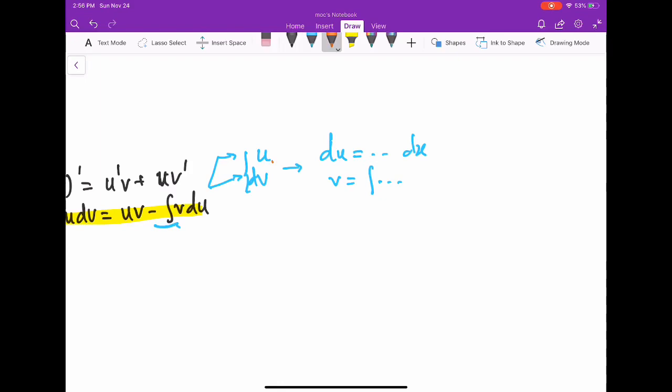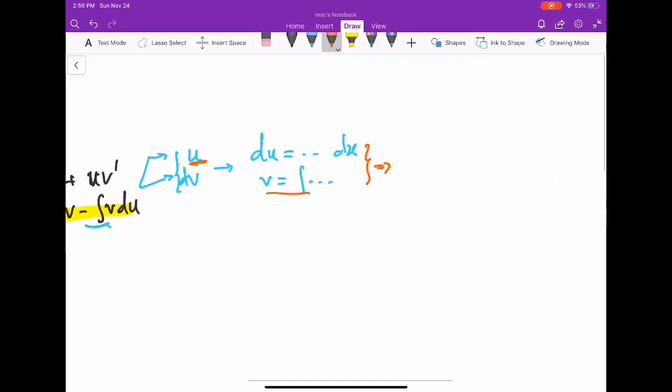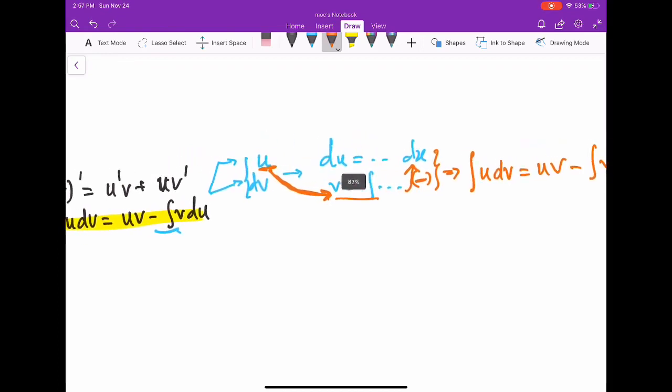Once you have u and v, you multiply: your original integral, u dv, equals uv. You just take the product of u and v, and then you subtract what you get here. Don't forget about that, minus v du. Okay, that is about integration by part.